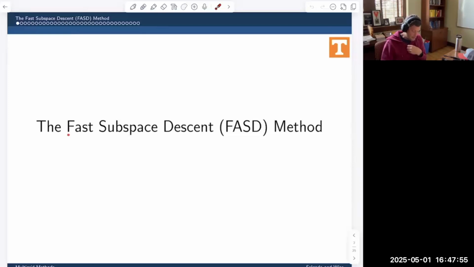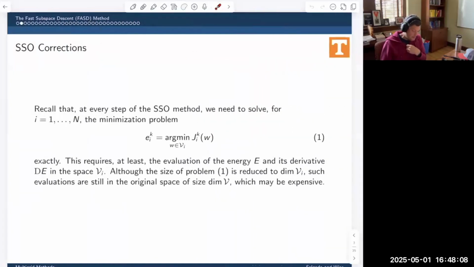Okay, so we like that one because the acronym has FAS in it, but it adds a new thing here. It's not quite FAS, it's not quite SSO, it's somewhere in the middle, and hopefully has nice properties of both.